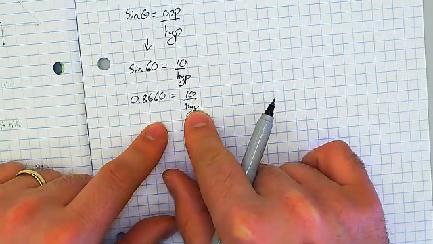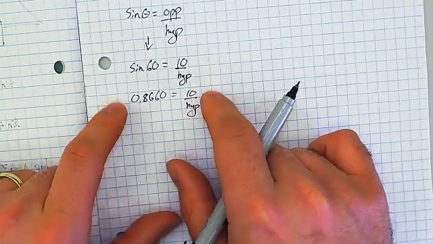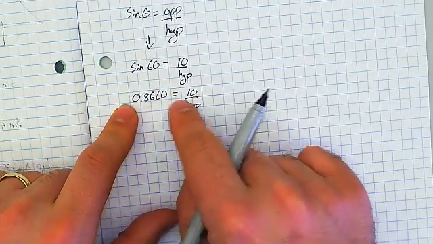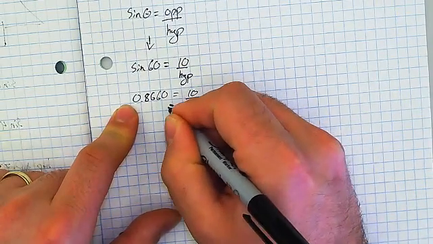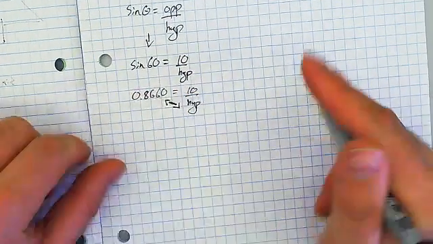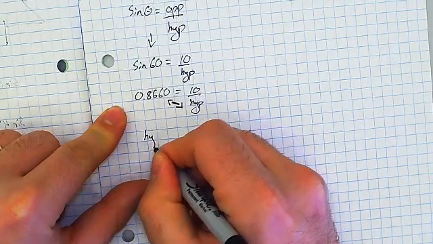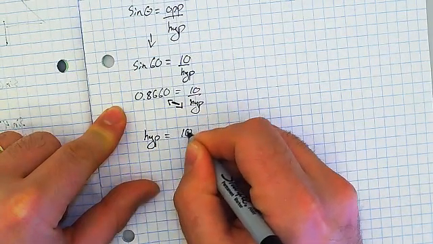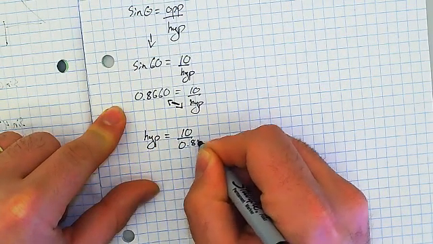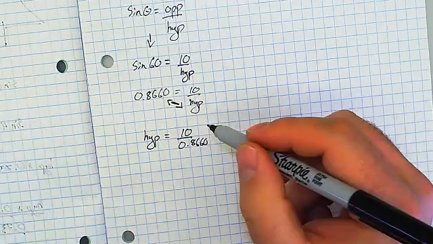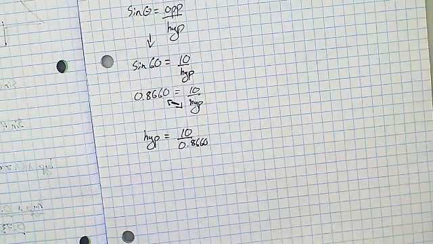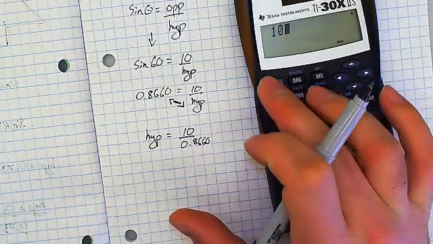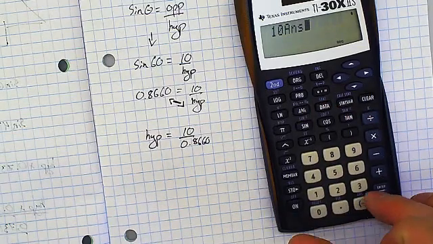If you noticed last time, when I had my hypotenuse or my unknown on the bottom of my fraction, I would times both sides by the hypotenuse and then divide both sides by 0.86. The shortcut, when my unknown is on the bottom, is I can swap these two numbers. You can also do it the long way, but this skips a few steps for you.